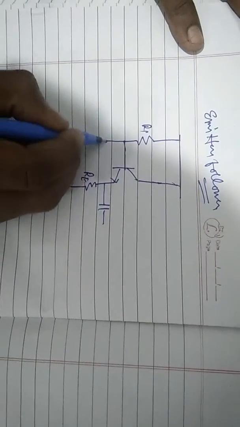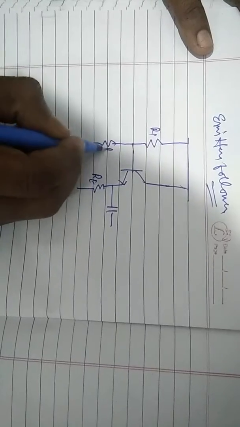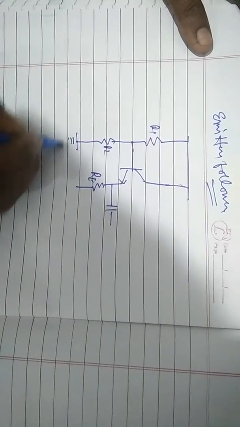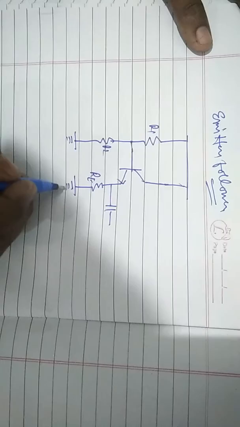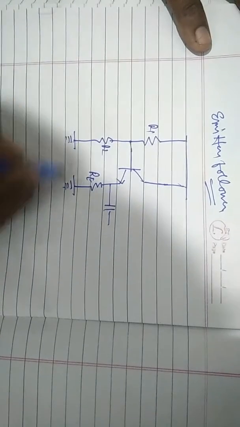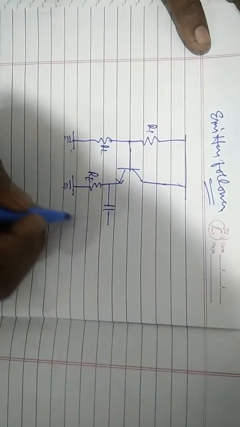R1 resistance, R2 resistance. We ground this one also. Grounded, this means both this and this are connected together.